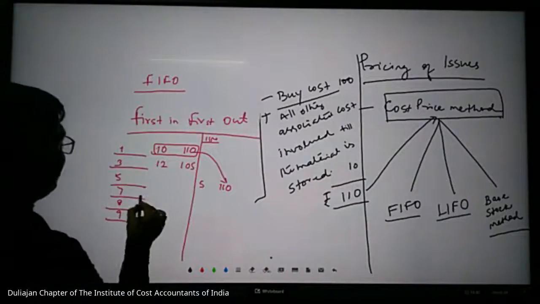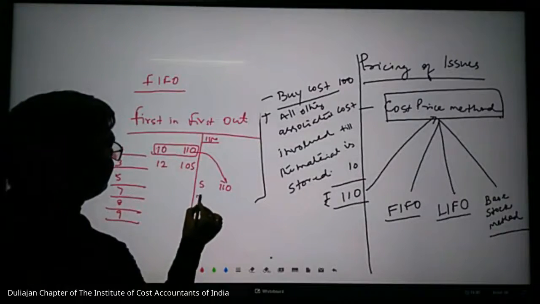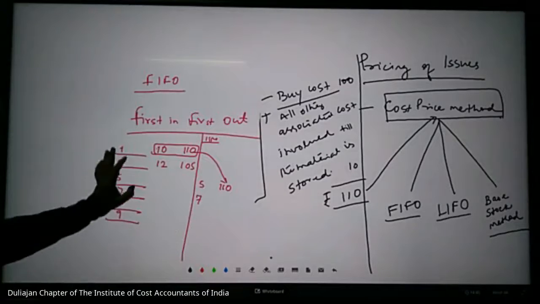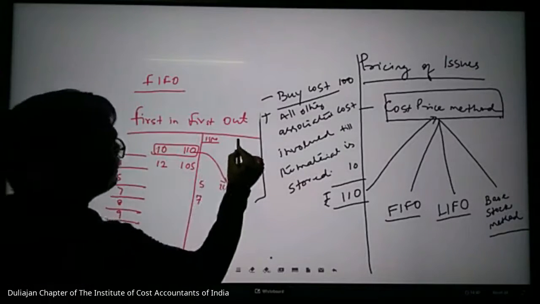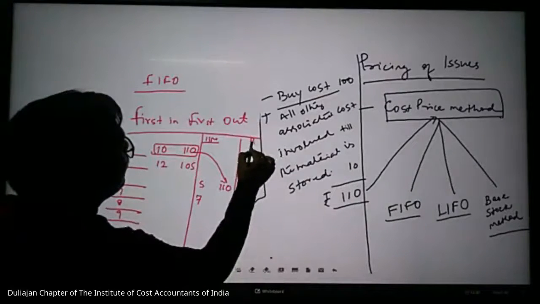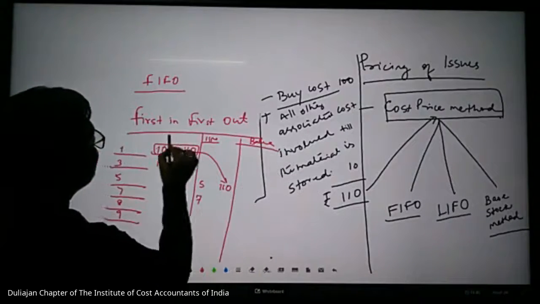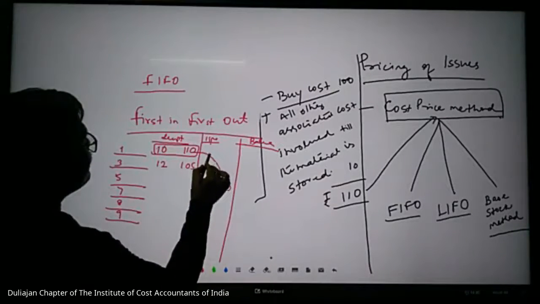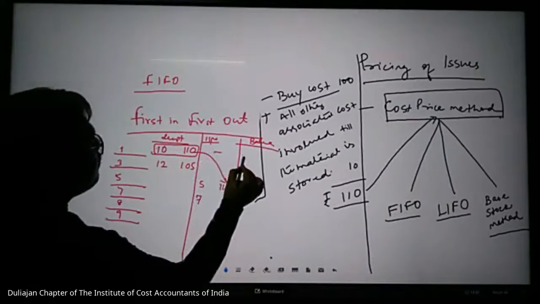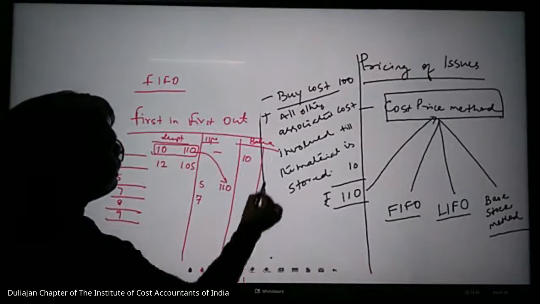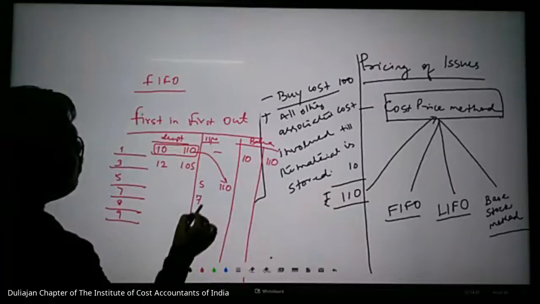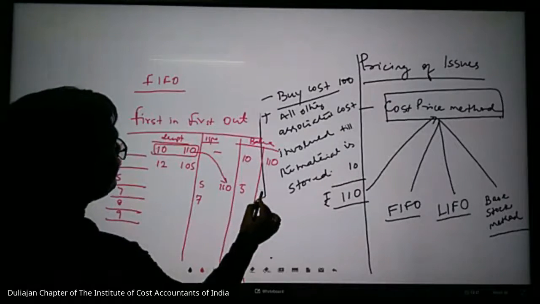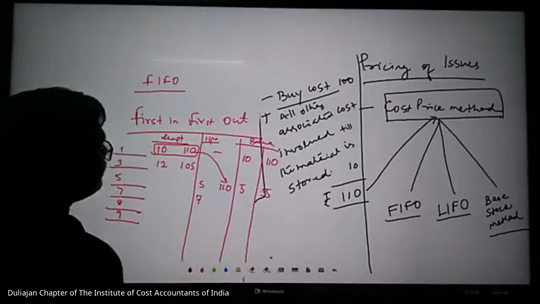Suppose I am again issuing 7 items. Out of the 7 items, see here, if you see my balance, like this is received, issue, balance. So here issue is nil, my balance is 10 at 110. Now after I give 5, I have 5 units at 550 rupees.